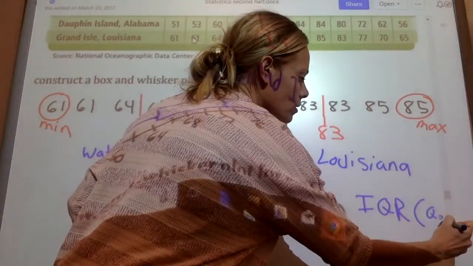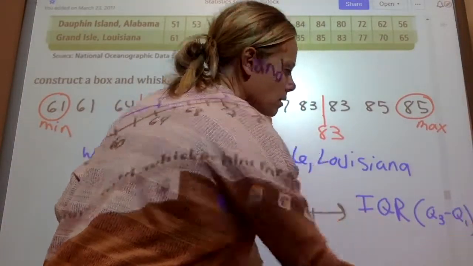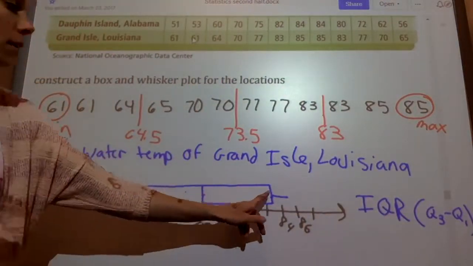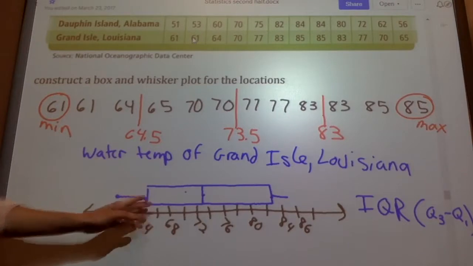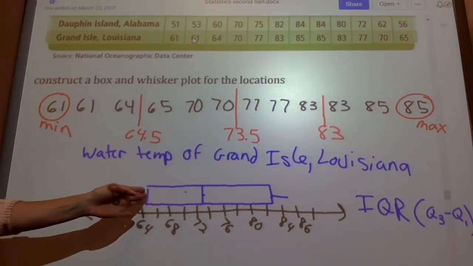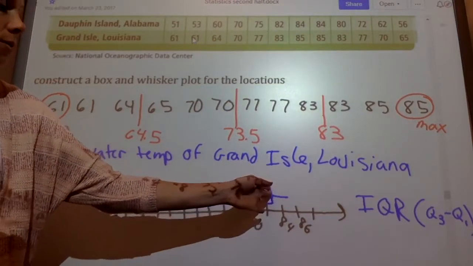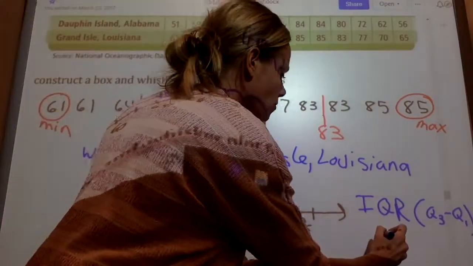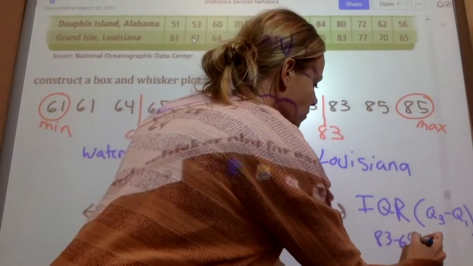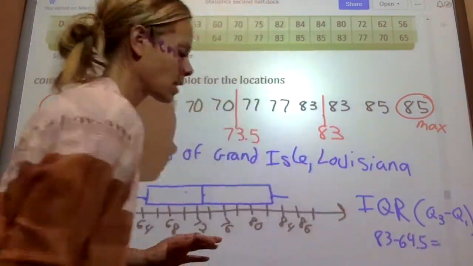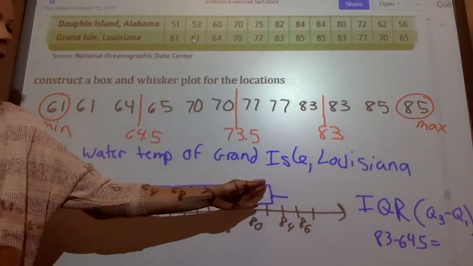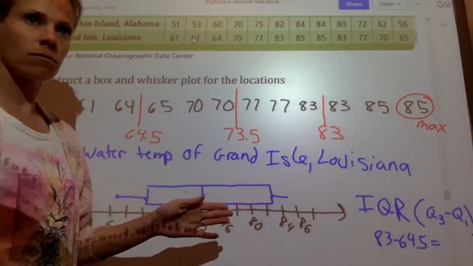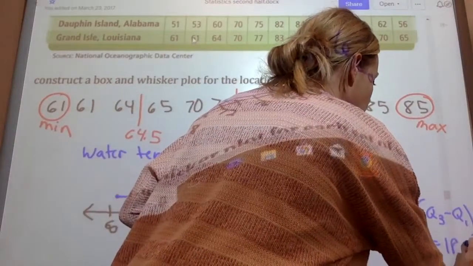Your interquartile range is basically Q3 minus Q1. You want to know how big my box is. Since I'm going from 64 and a half to 83, I would take 83 minus 64 and a half. What's my interquartile range from Q1 to Q3? 18.5. Good.